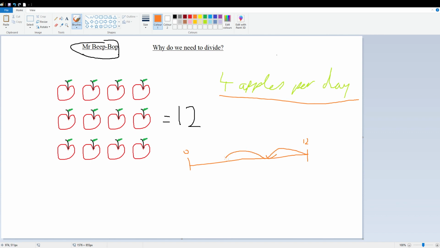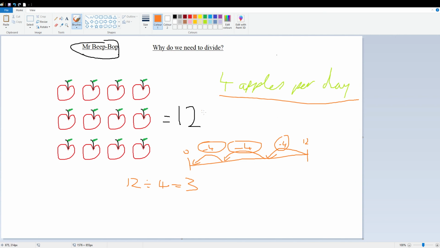But I know we're going to be going back this many times because we have done this subtraction before. So we're taking away 4, and we're going to do that 3 times. 1, 2, 3, which means that 12 divided by 4 equals 3. Okay, and there we go. That's how it applies in the real world. And just as much as we need multiplication, this is just going to work better with division.